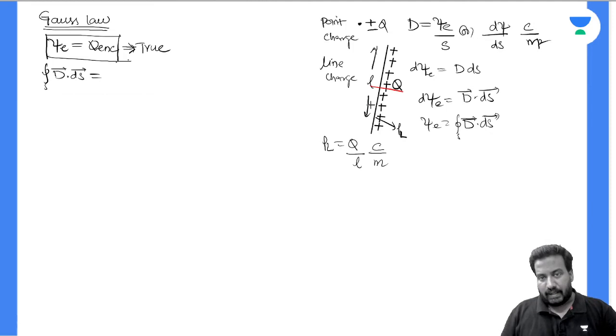If you consider a small length dl in it, the charge associated with it is dq.